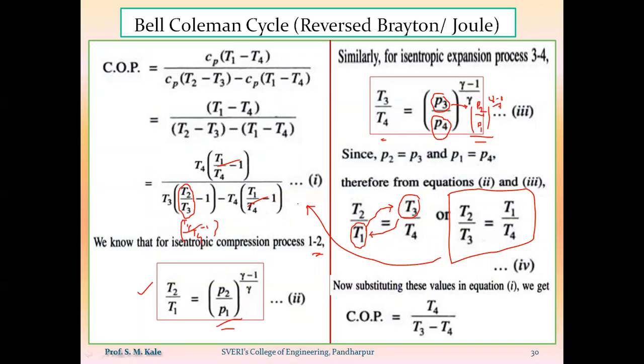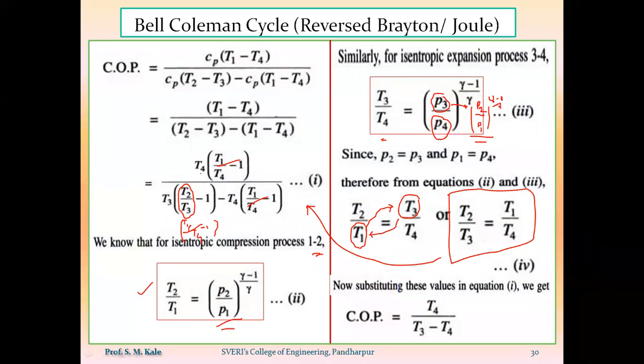After substituting T2 by T3 is equal to T1 by T4 in equation number 1, the T1 by T4 minus 1 term is common in the denominator. If I take that common term outside, inside the bracket there will be only T3 minus T4, and as T1 by T4 minus 1 is common in the numerator as well as the denominator, that term will get cancelled.